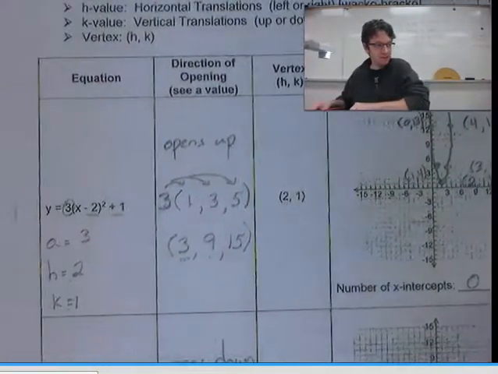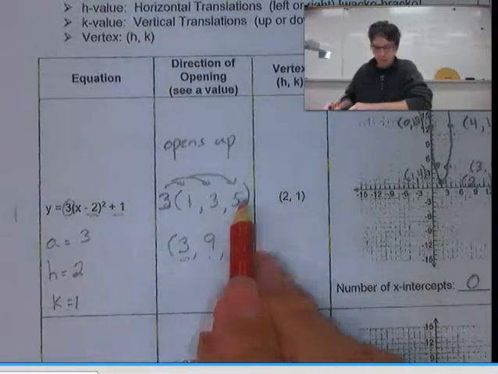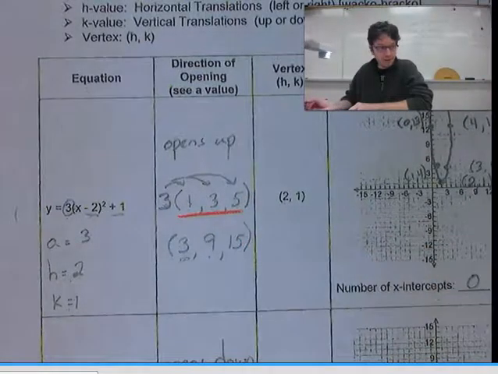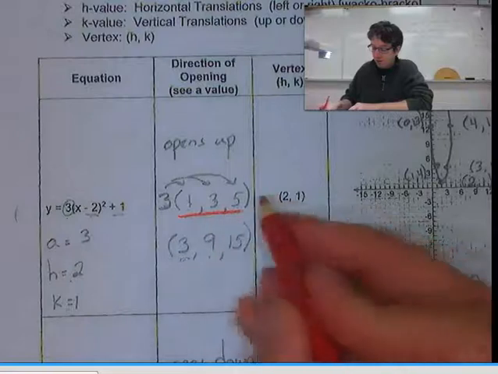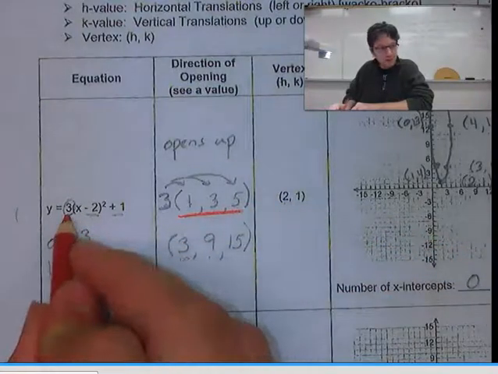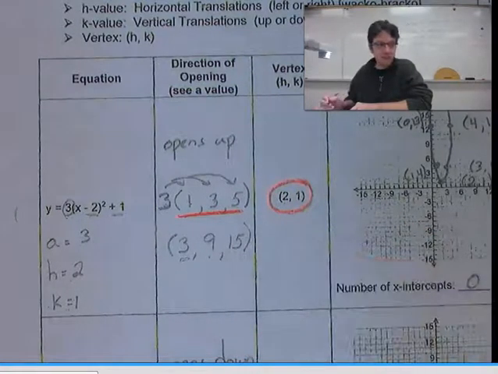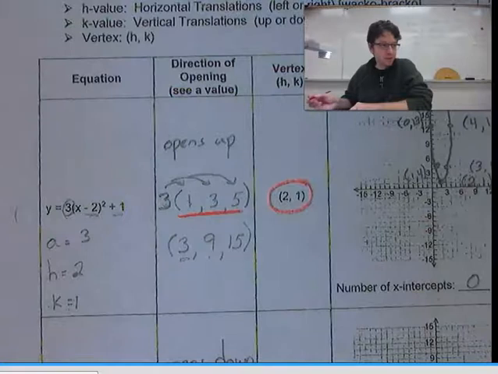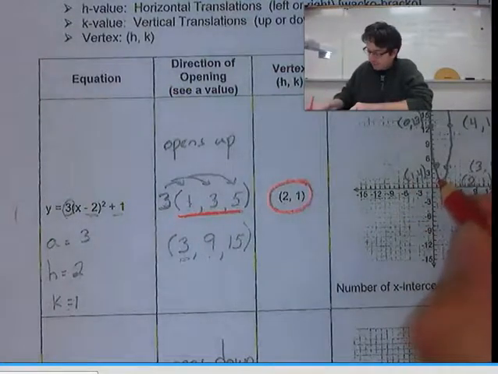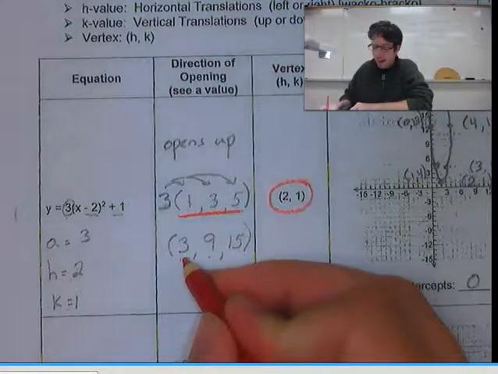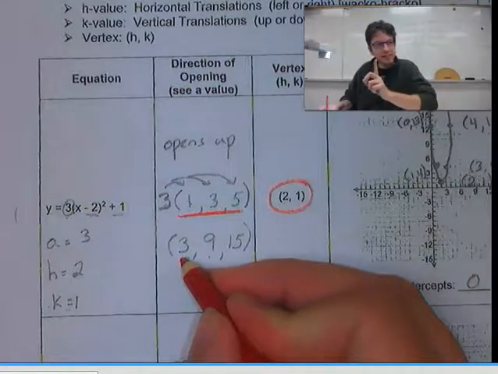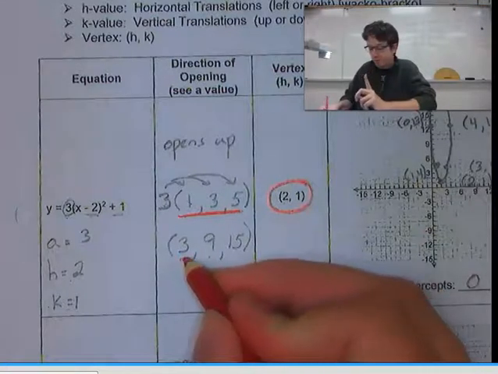We're taking our step pattern for x squared, and we're saying, okay, we're going to stretch it by a factor of 3, but we're also going to start at this vertex, not 0, 0. So we're going to start here, and for every time we move one space in x, we're going to go up by 3.